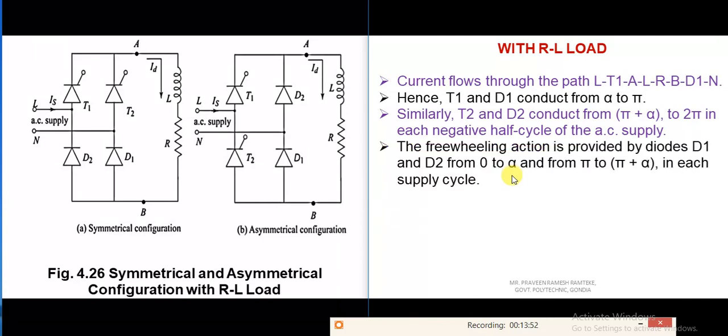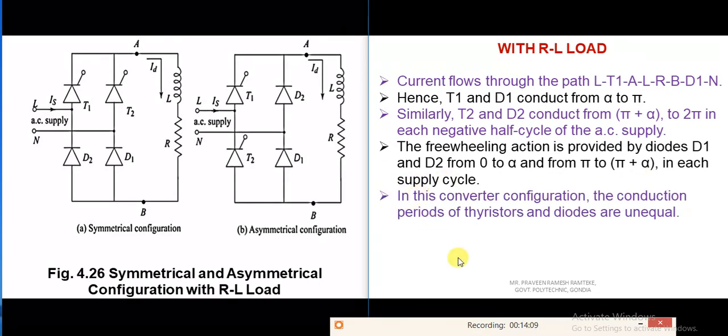The freewheeling action is provided by diodes D1 and D2 from 0 degree to alpha degree and from pi to pi plus alpha in each of the input supply cycle. So in this converter or rectifier configuration, the conduction periods of thyristors and diodes are unequal.